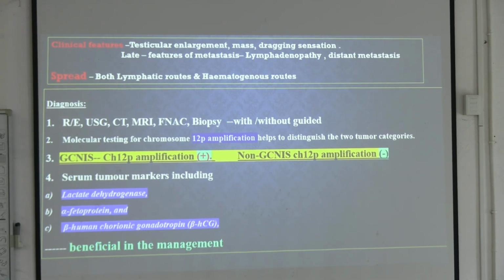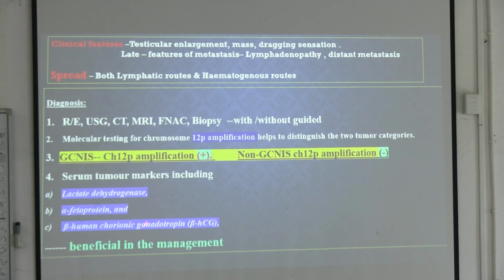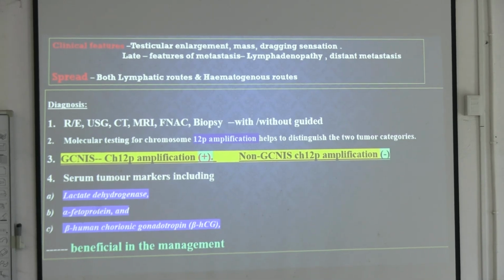Other serum markers or tumor markers depend upon the composition of the tumor from the classification. If it is a yolk sac tumor, the marker is alpha-fetoprotein. If it is choriocarcinoma, then beta-hCG is associated with it. So, depending upon the composition of the tumor, we expect the tumor markers as well from the molecular examination.